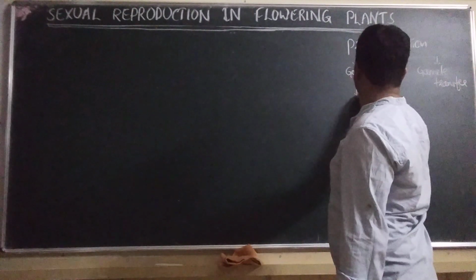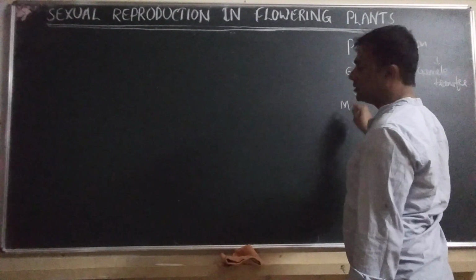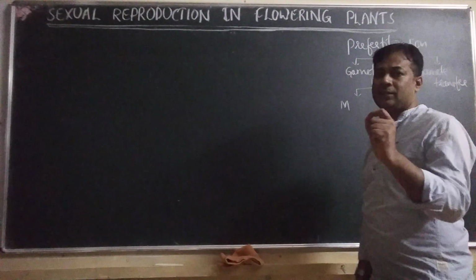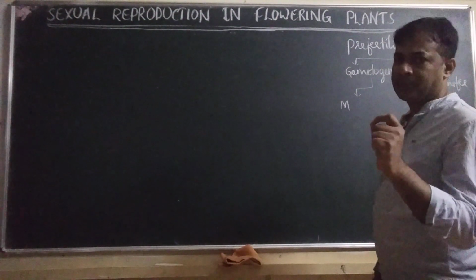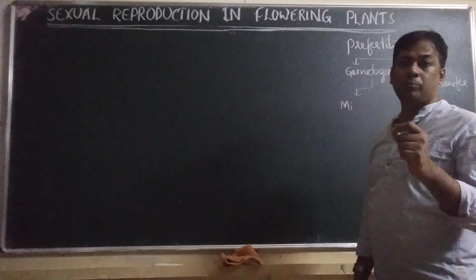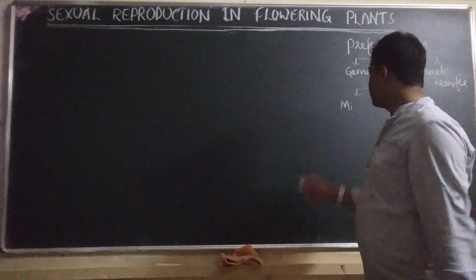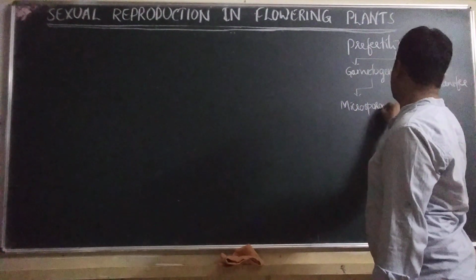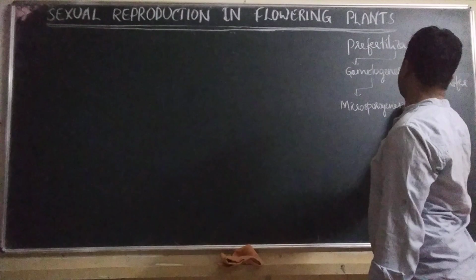One part of gametogenesis we have already discussed, that is the formation of pollen grain in the anther. As pollen grain is smaller in size, it is also called microspore. Formation of microspore or pollen grain within the anther is called microsporogenesis. We learned this in the last class.